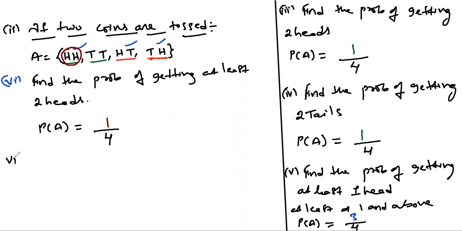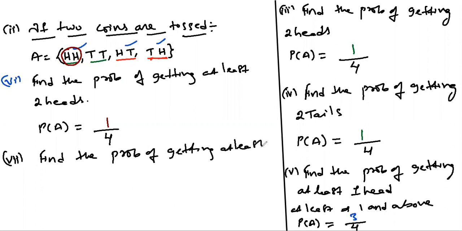Next. Find the probability of getting at least one tail.